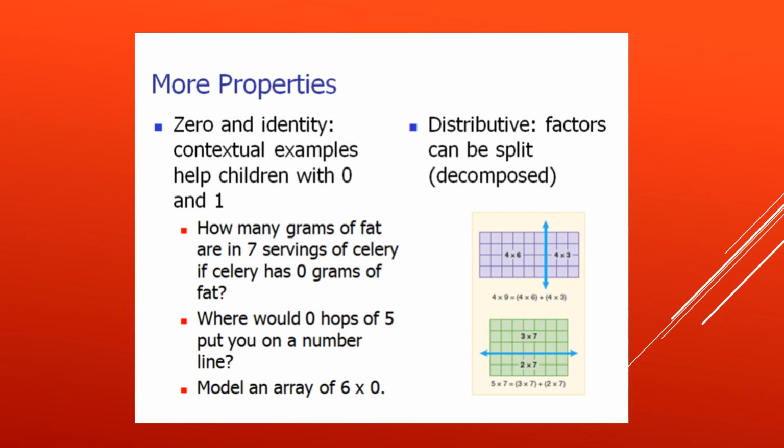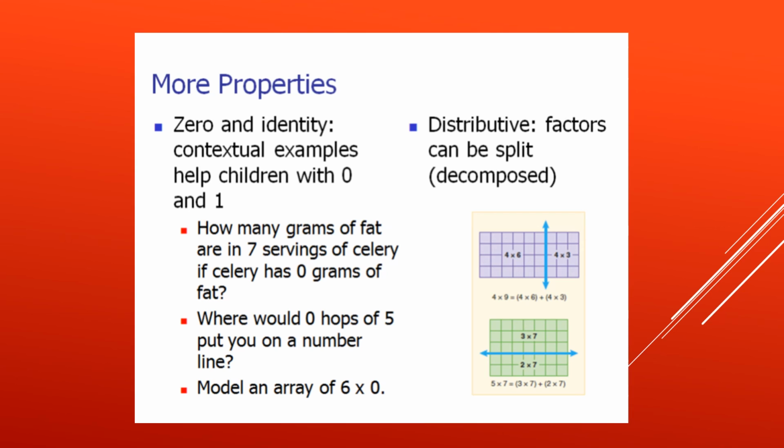And then your distributive property, where you can take larger numbers and actually break them apart and come up with the answer. This type of property, distributive property, really helps with mental math. So let's take the green box down at the bottom where you can see 5 times 7. Let's say a child really has trouble with their 7s and for some reason they don't think of 5s.